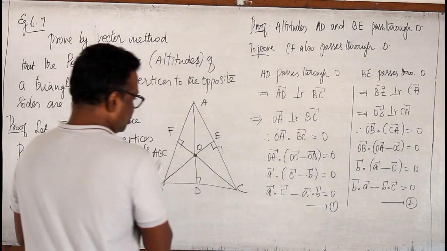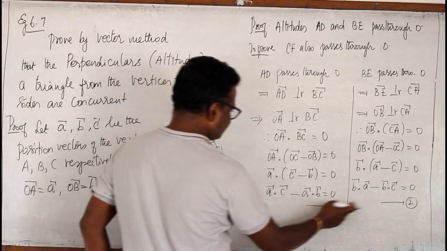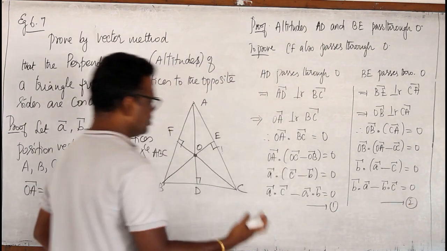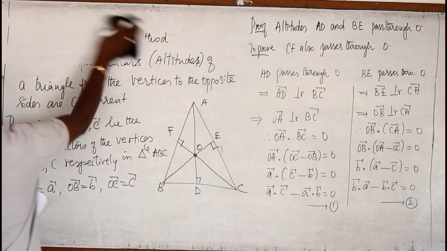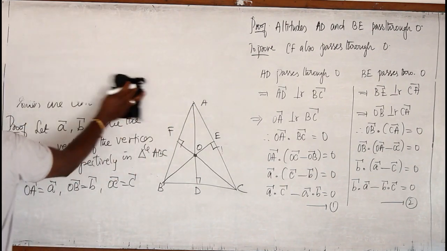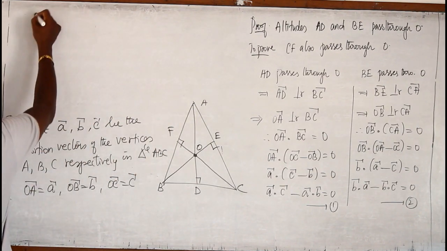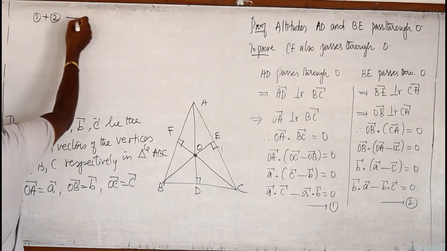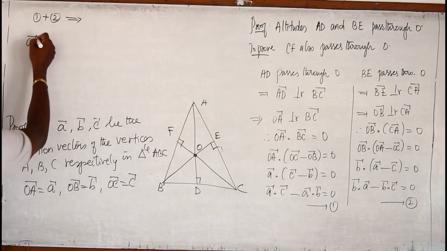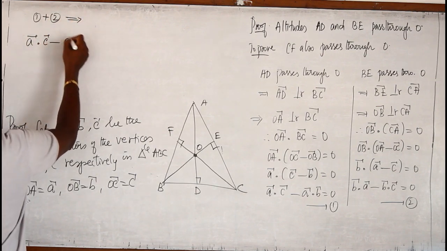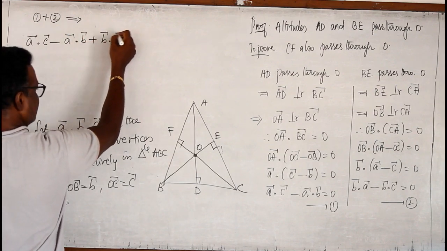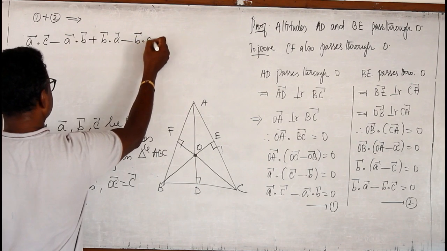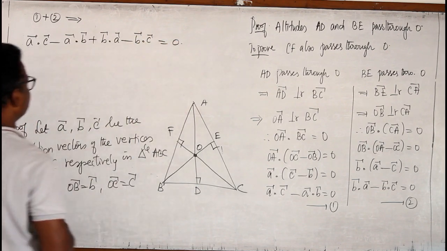Now, both 1 and 2 are equal to 0. So 1 and 2 will be equal. Instead of saying 1 and 2 are equal, can I add 1 and 2? Therefore, 1 plus 2 gives A dot C minus A dot B plus B dot A minus B dot C equal to 0.